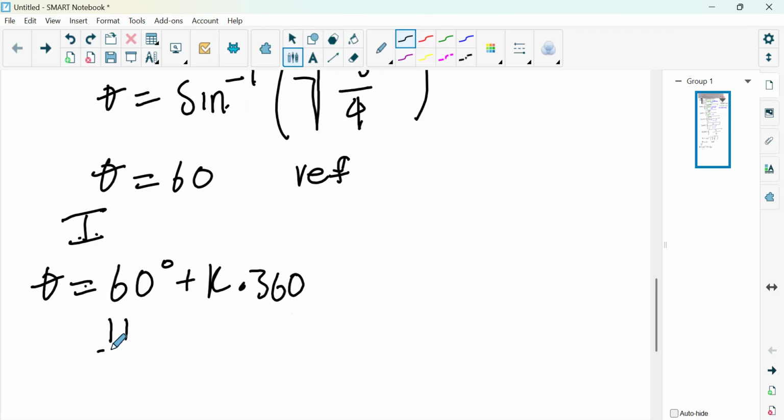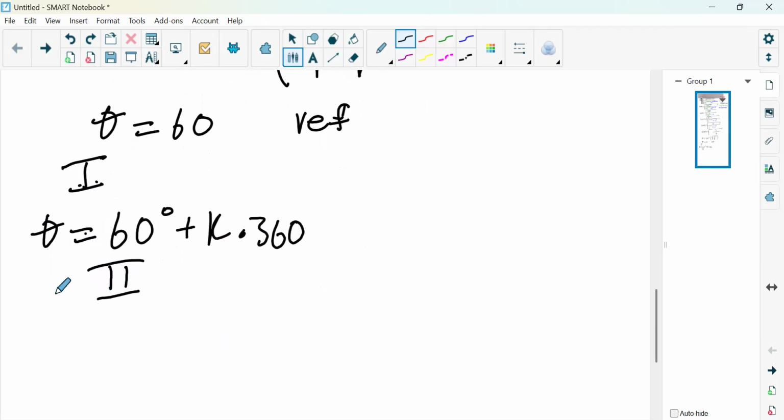Now we go to the second quadrant. On the second quadrant, theta is going to be given as 180 degrees minus the right angle. Isn't the second quadrant 90? No, it's 180 minus. We don't use 90 and 270, they are co-functions.